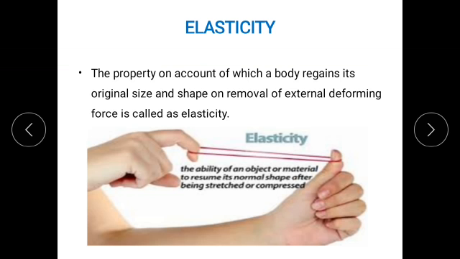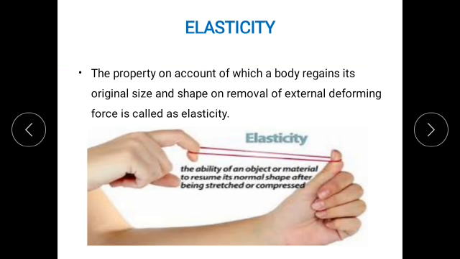Then what is meant by elasticity? For that we take the example of a rubber band. When that rubber band is in its original position, it has its fixed shape. But when we stretch it, there is a change in its shape and size. But that change lasts only as long as the force is present.